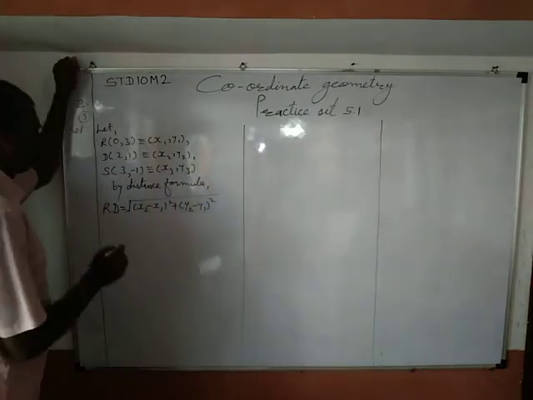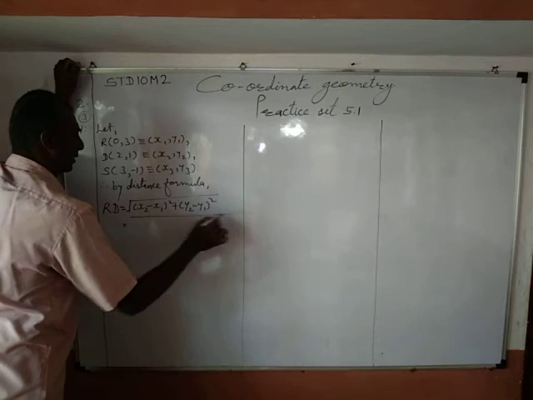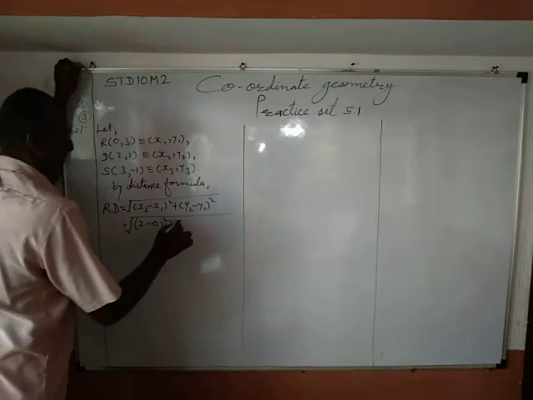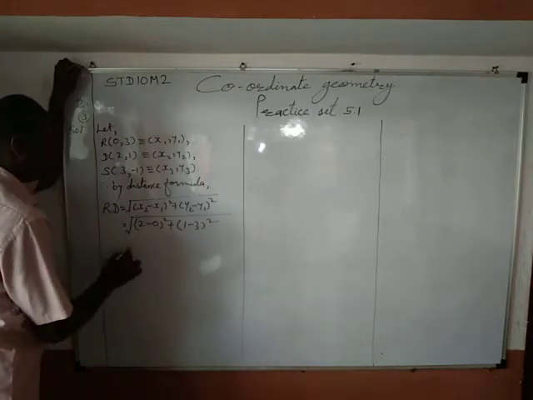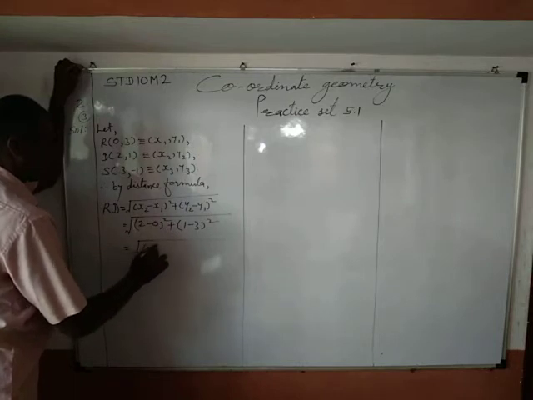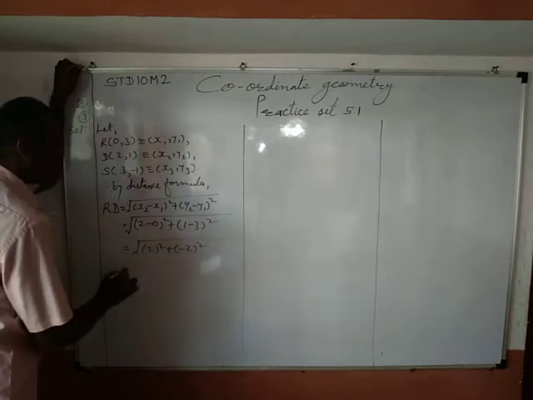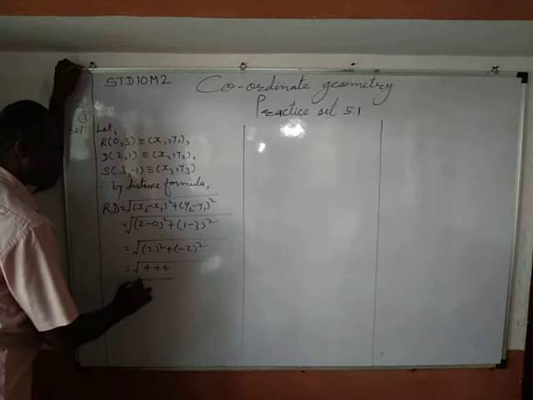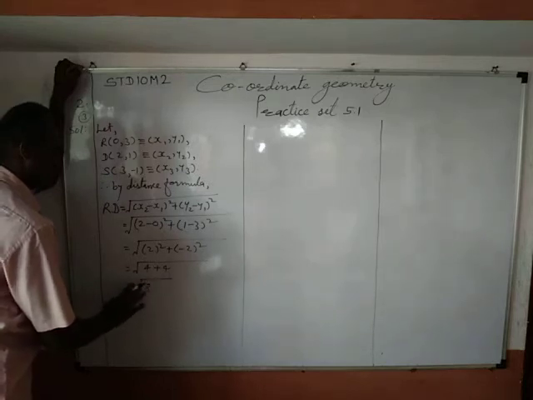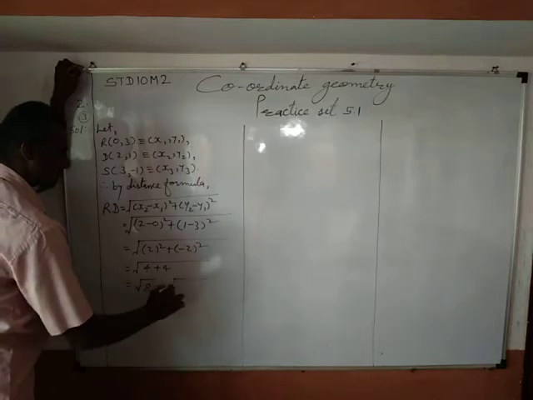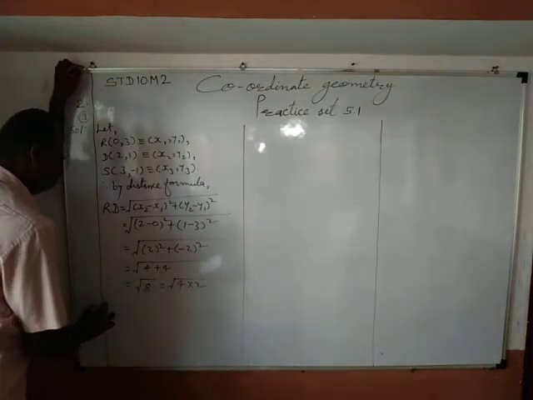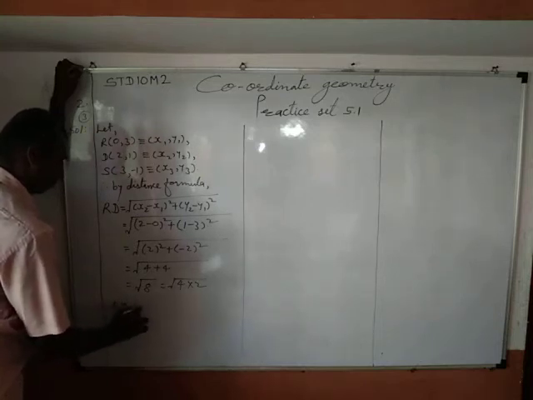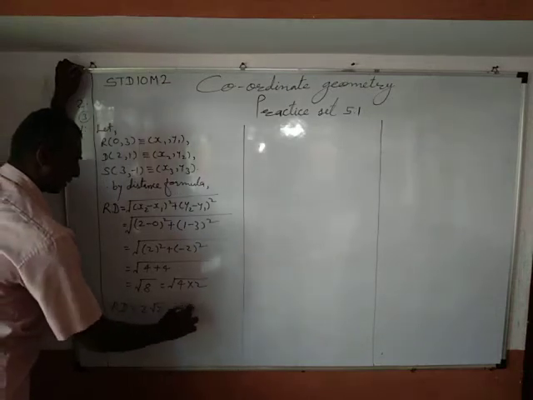Let's put values: under root (2 minus 0) square plus (1 minus 3) square equals under root 2 square plus minus 2 square equals under root 4 plus 4 equals root 8, and root 8 equals root 4 into 2, and therefore RD equals 2 root 2. Equation first.